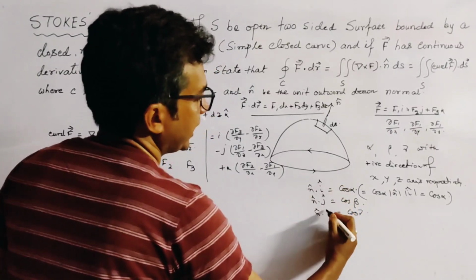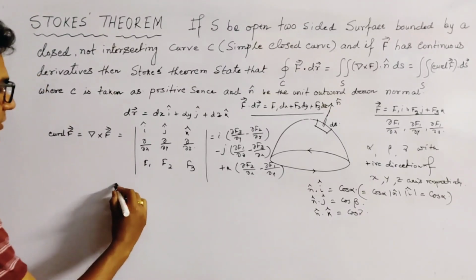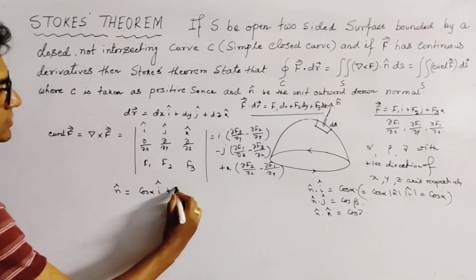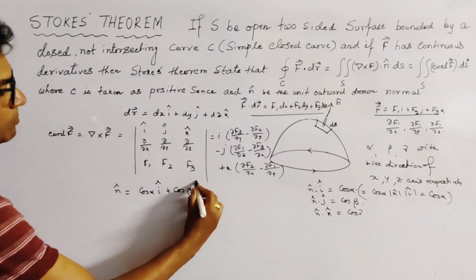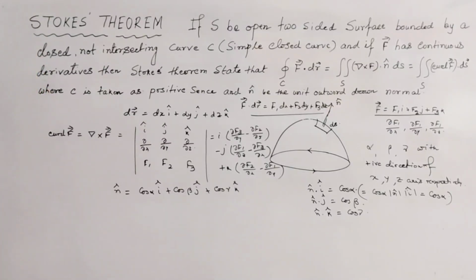So we get n cap equal to cos alpha i cap plus cos beta j cap plus cos gamma k cap.